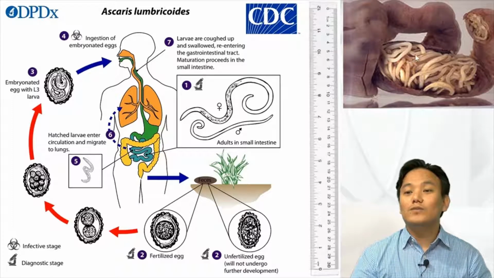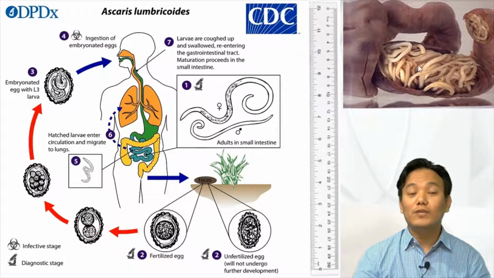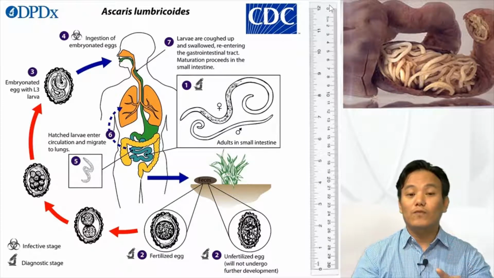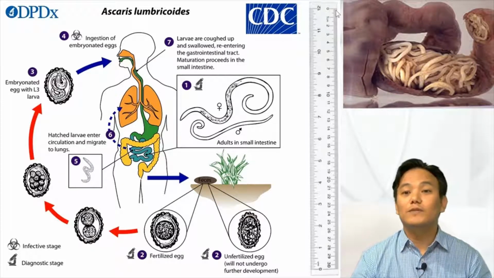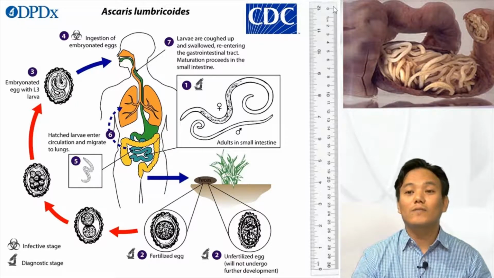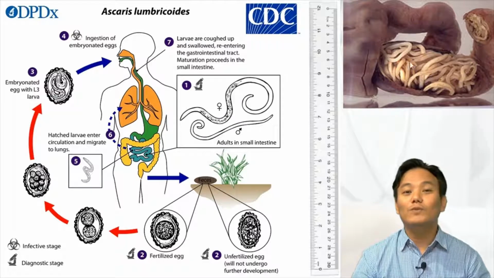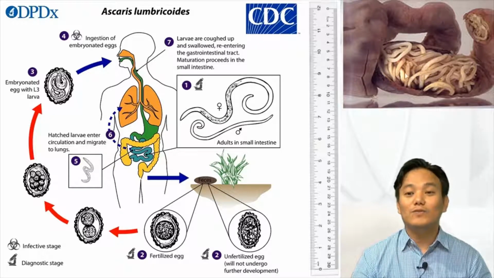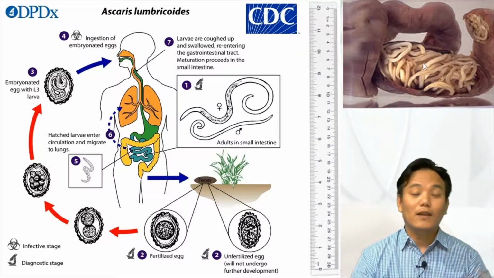These worms can grow pretty large, up to 35 centimeters long. To put that size in perspective, take the ruler you use for drawing lines on your answer sheets. That ruler is about 30 centimeters long, and this worm can grow up to 35 centimeters, so it is much longer than your ruler. These worms are pretty large.